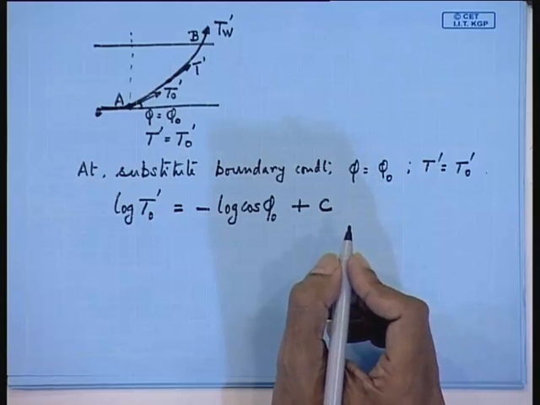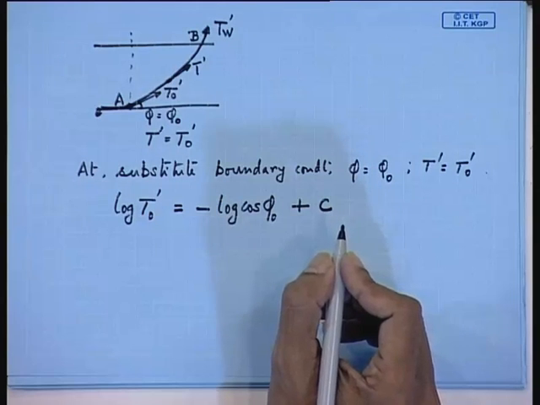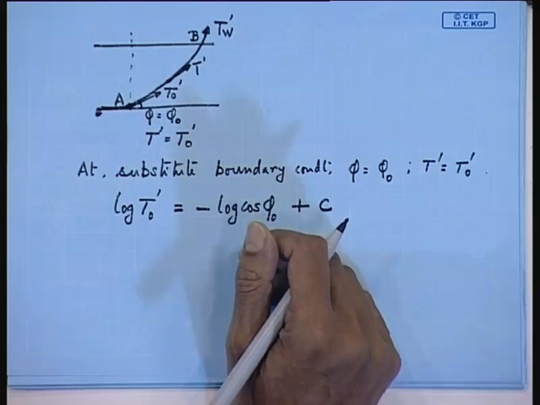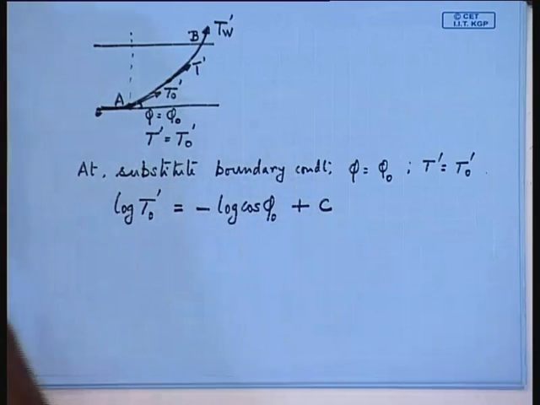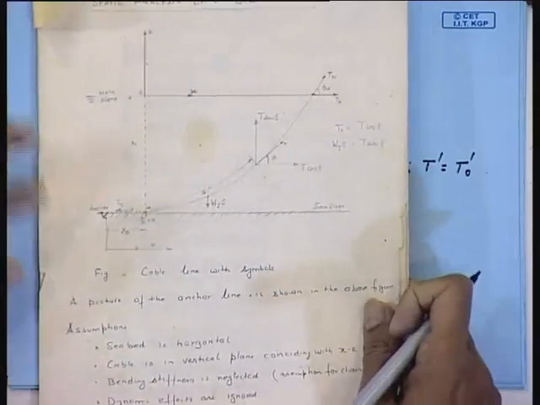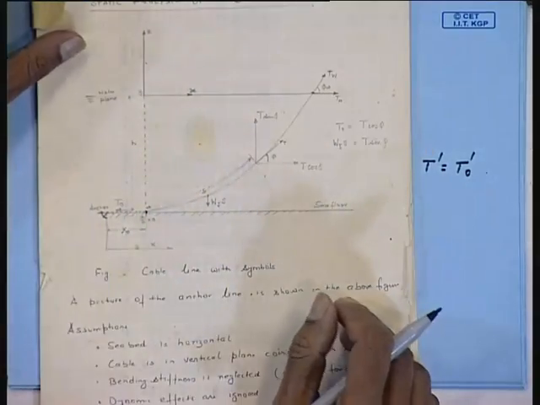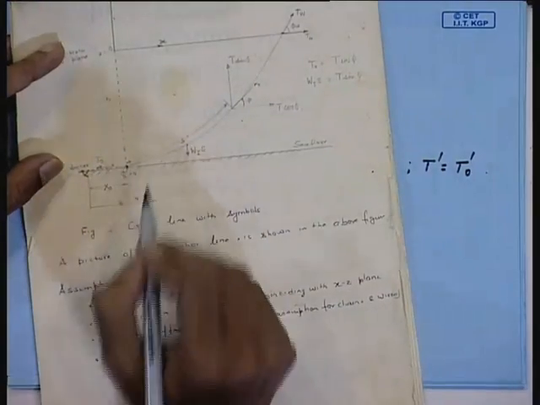But how to know these values? T naught is the horizontal force at the anchor, and phi naught is the inclination at this point.